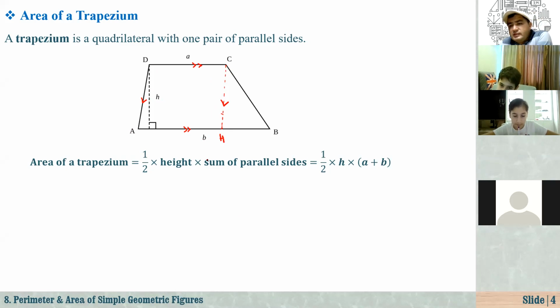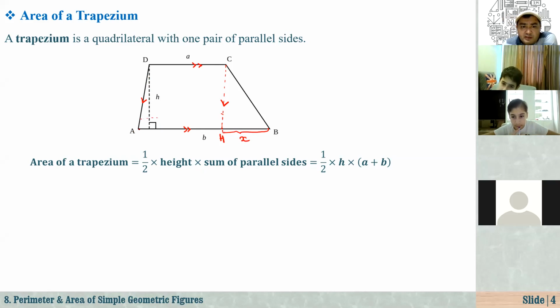So that means ADCH is a parallelogram, right? And we know how to find the area of the parallelogram. It is just height times base. Suppose this side is X. Now, what will be the remaining part?